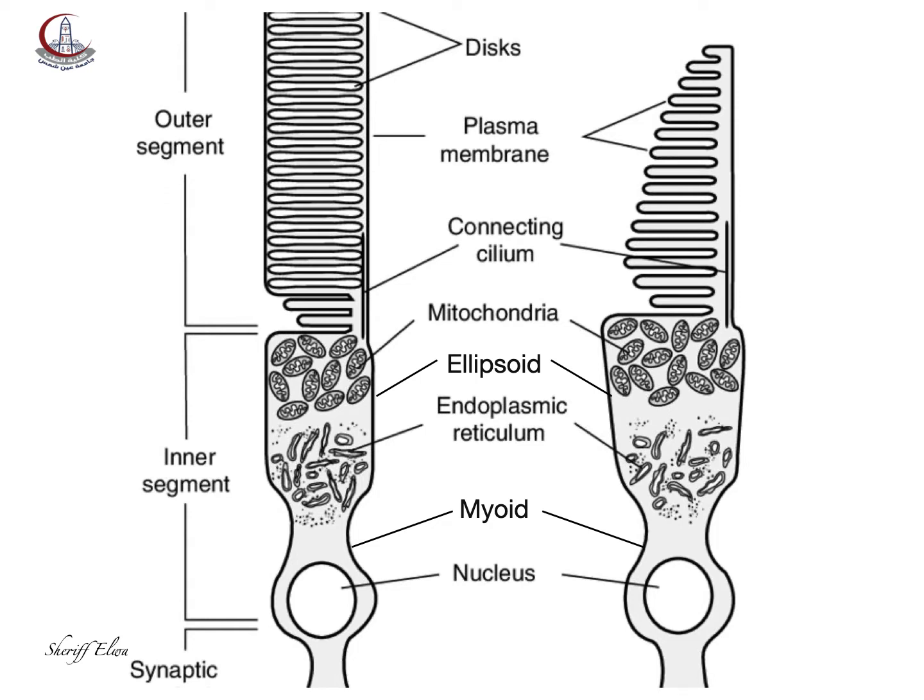Here, once more, a diagram comparing the rods to the cones, and as we can see, the main differences are: first, the outer segment is like a rod in rods and like a cone in cones. The cones are shorter. The myoid and ellipsoid parts of the inner segment are more pronounced in the rods than in cones.